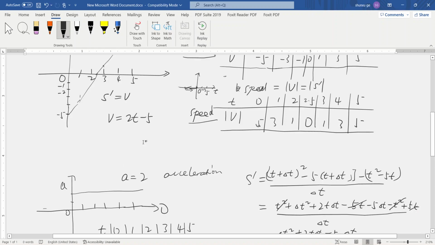So it's 2. For acceleration, we take the derivative of velocity, the tangent at every point. Every point creates a new graph.